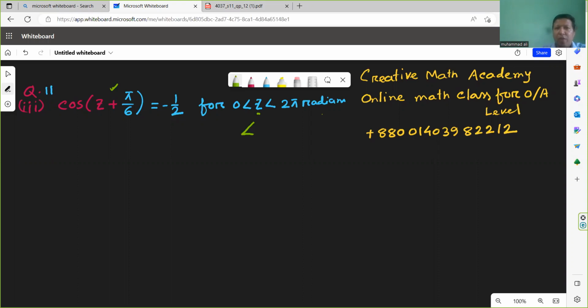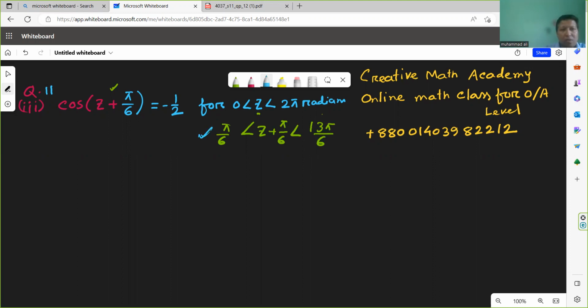So if we add pi by 6 with z, we have to add pi by 6 with 0, and we have to add pi by 6 with 2 pi. If we add 2 pi with pi by 6, it will be 13 pi by 6. So now our interval is pi by 6 to 13 pi by 6.